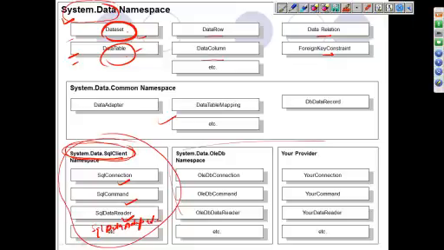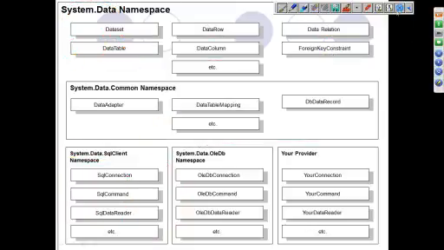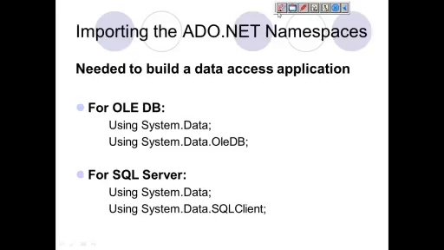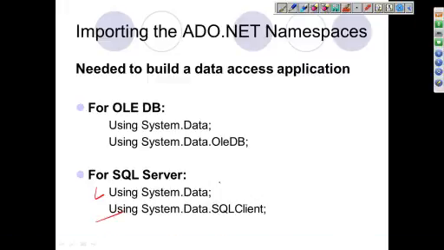So we need basically two namespaces, System.Data and System.Data.SqlClient. How to use these namespaces? The similar way, with a using statement: using System.Data, using System.Data.SqlClient.